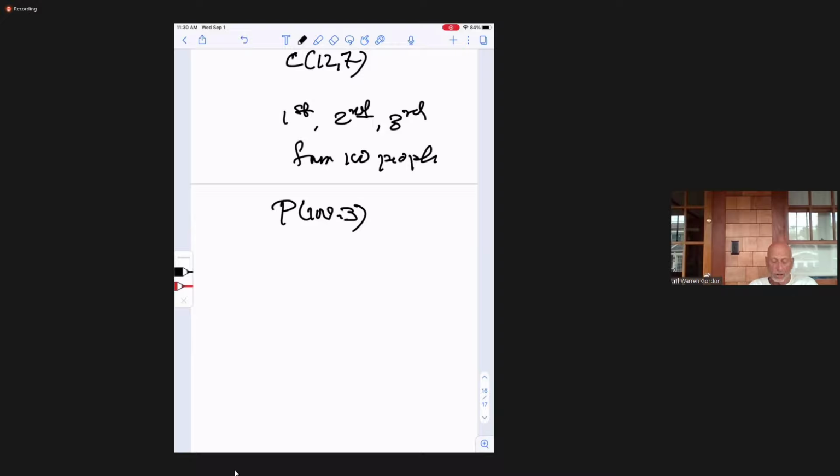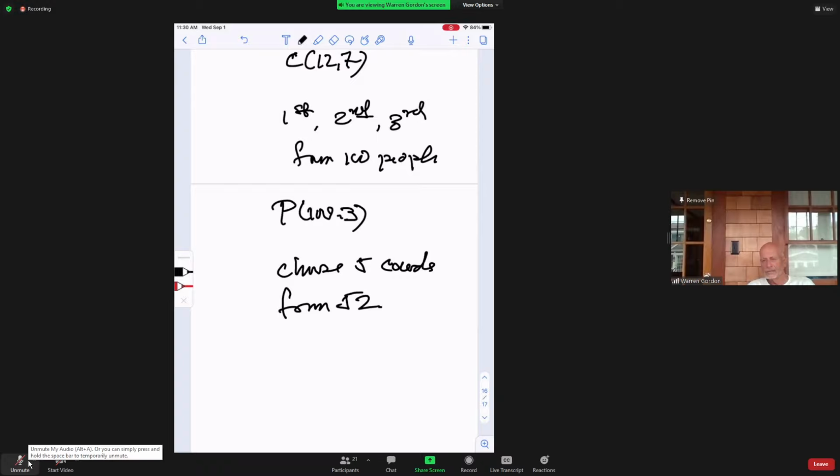Five cards to be chosen from an ordinary deck of playing cards of 52 cards. Choose 5 cards from 52. Permutation or combination? Permutation? Why? Because you're not giving specific cards, you're just choosing random cards out of the deck.